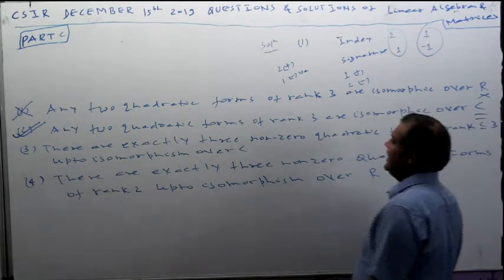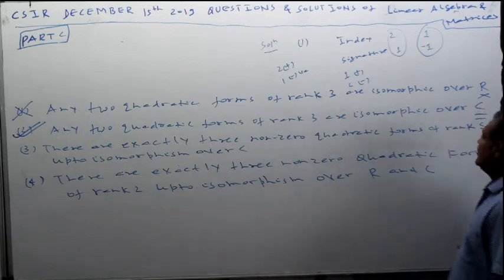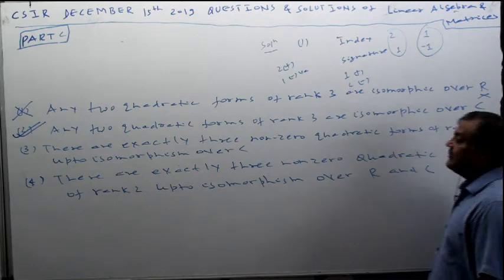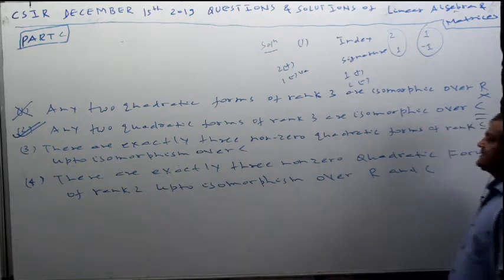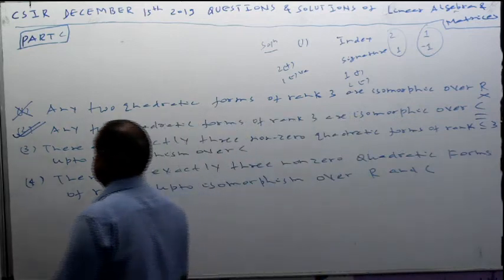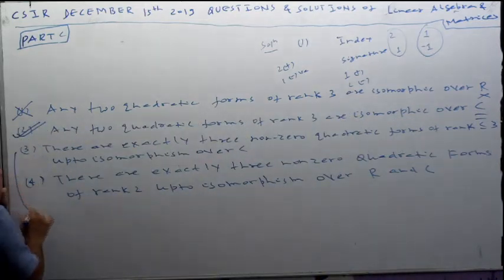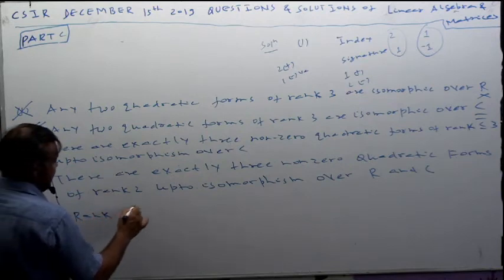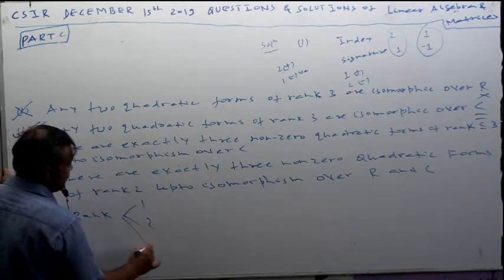Then comes, there are exactly 3 non-zero quadratic forms of rank less than or equal to 3 up to isomorphism over C. Non-zero quadratic form, watch it. In a non-zero quadratic form, rank will be either 1 or 2 or 3.